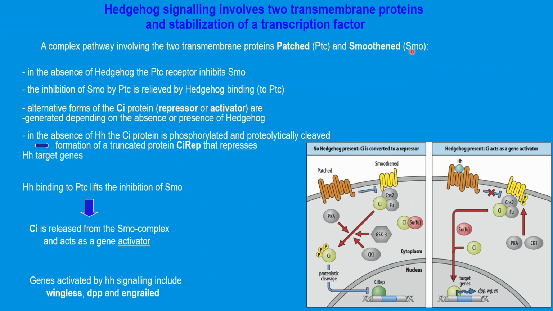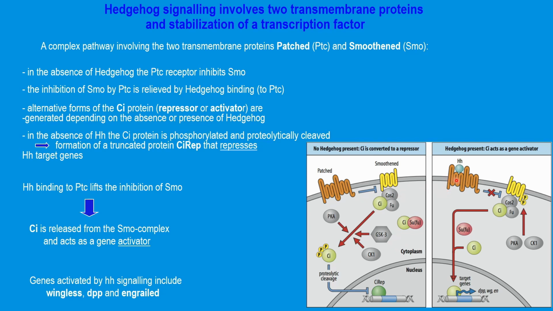So if we look at hedgehog now and patched, the receptor for hedgehog, when there is no ligand hedgehog bound to it, acts as a repressor of another cell surface protein, smoothened. And smoothened normally functions to hold cubitus interruptus from translocating to the nucleus, is the classical model. And cubitus interruptus together with suppressor of fused can act as a transcriptional activator.